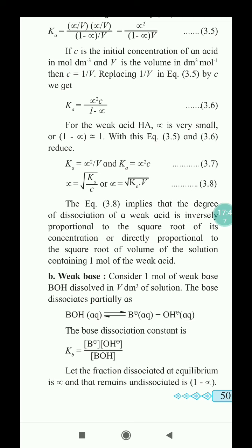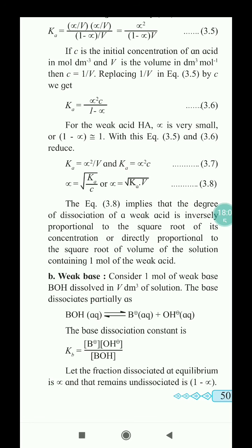This implies that the degree of dissociation of a weak acid is inversely proportional to the square root of its concentration, or directly proportional to the square root of the volume of the solution containing 1 mole of acid.